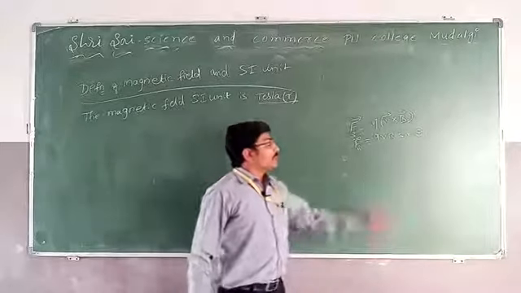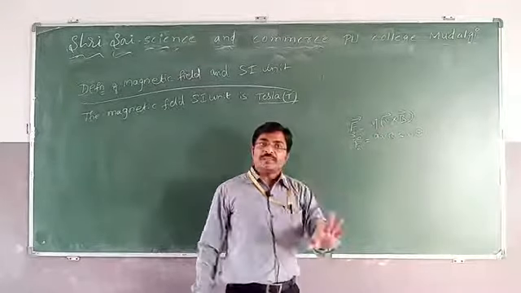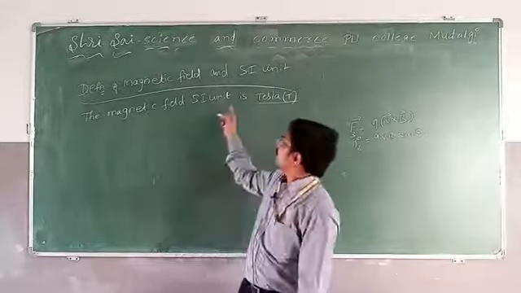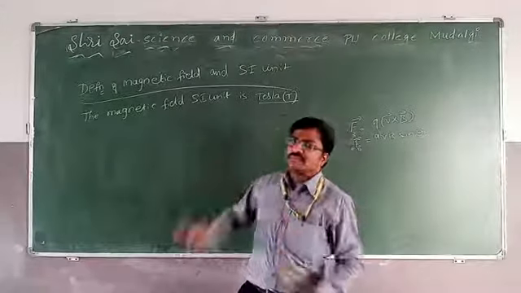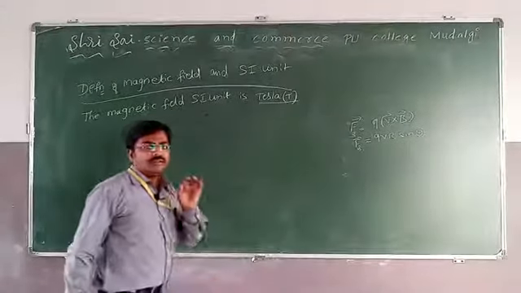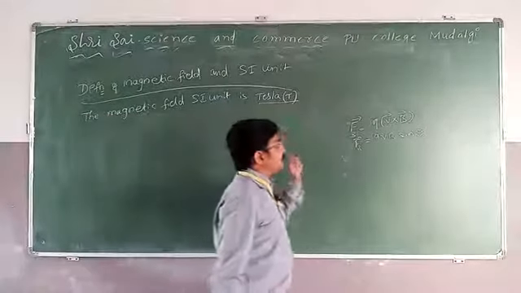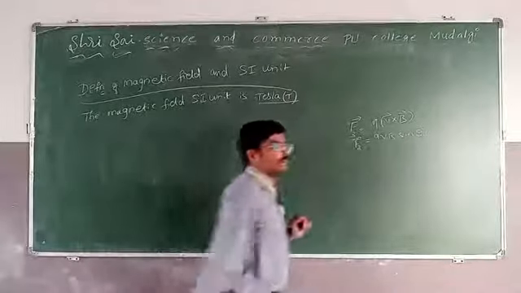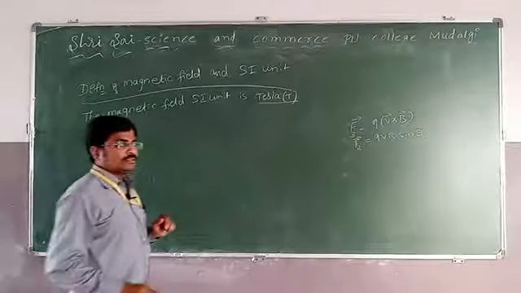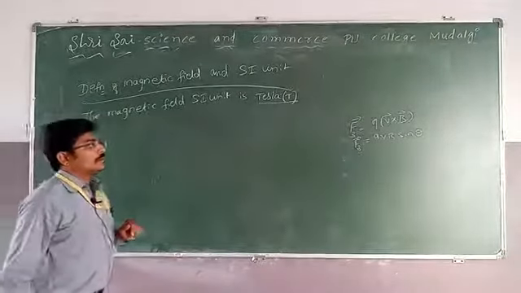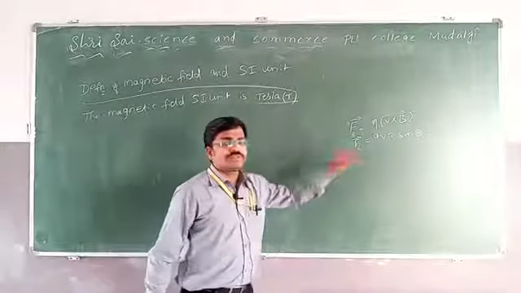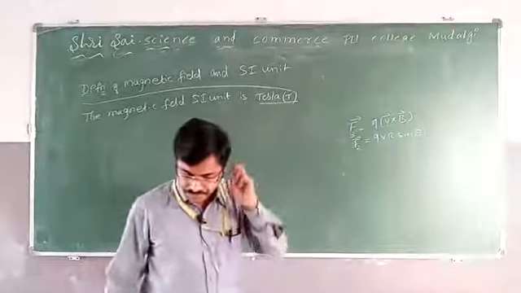See, magnetic field can be measured in terms of Tesla. Tesla is a scientist's name. That same name we are using as the SI unit, Tesla. To say that the magnetic field should be 1 Tesla, we can define it with the help of this magnetic force.